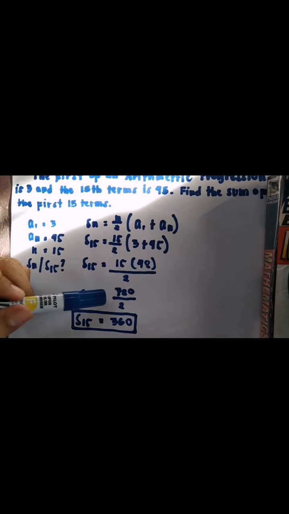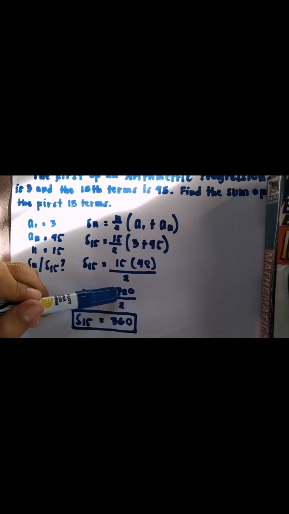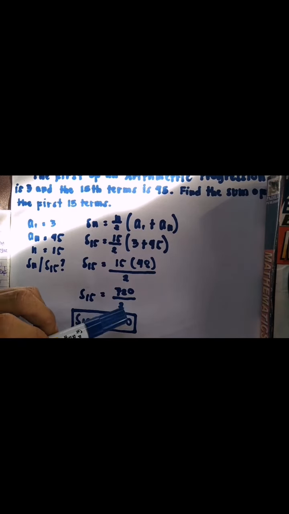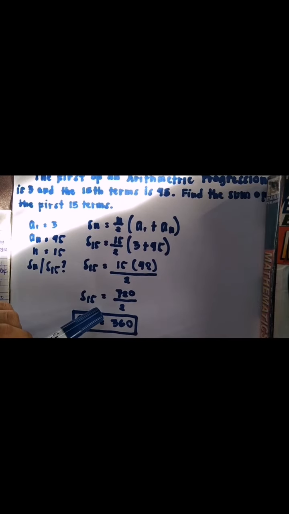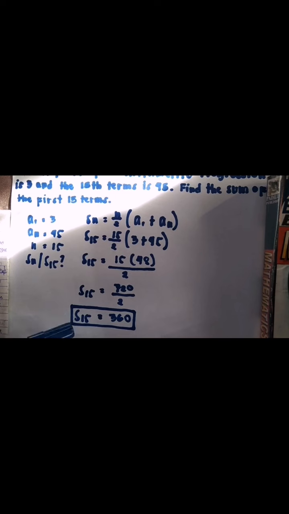The last thing we do is divide it by 2. So 720 divided by 2 becomes 360. Therefore, our answer for problem number 1 is S sub 15 equals 360.